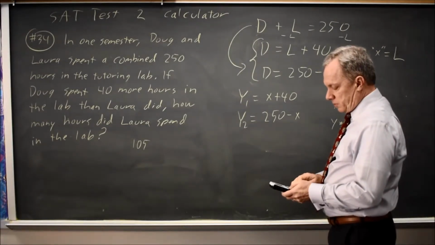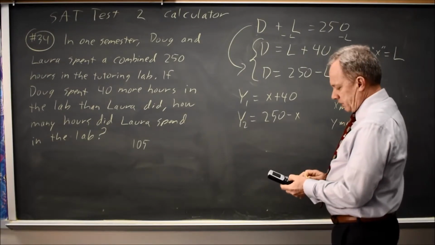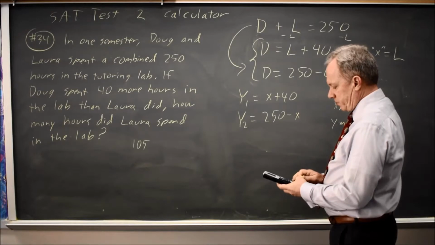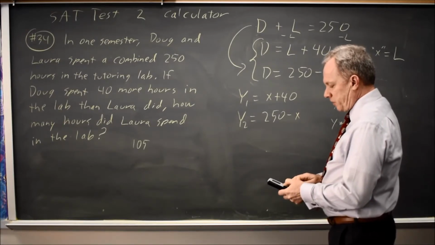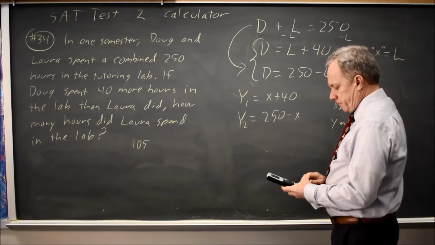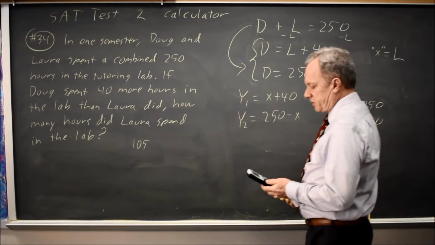So going to Y equals, I have X plus 40 and 250 minus X. In my window, X max 250, Y max 250, and I'm going to find the intersection.